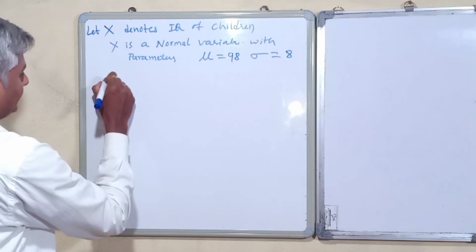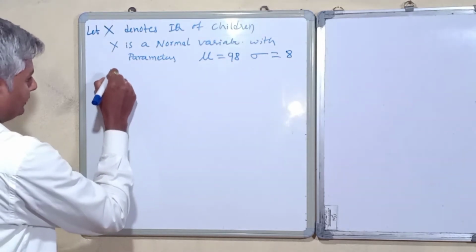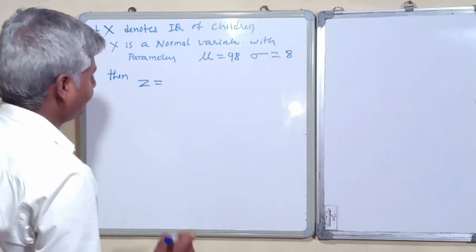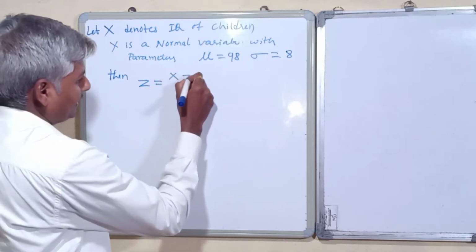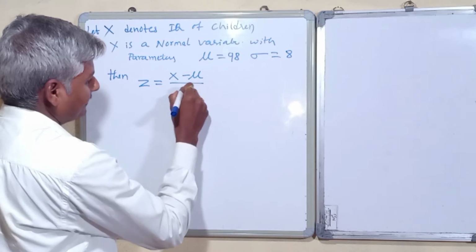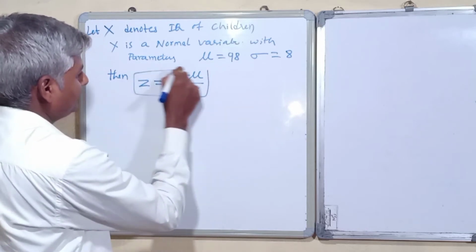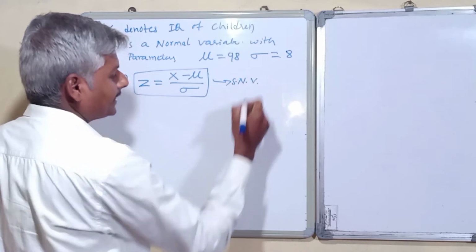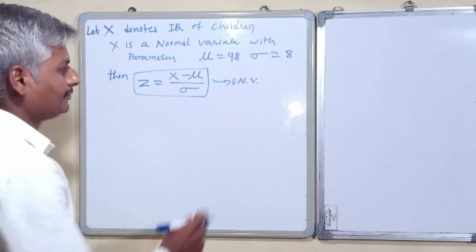Then Z equals x minus mu divided by sigma, and this we call the standard normal variate, SNV, of the normal distribution.